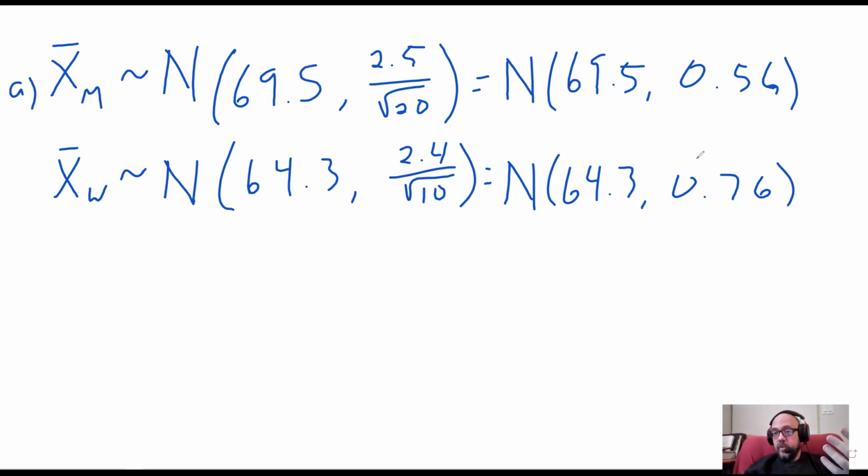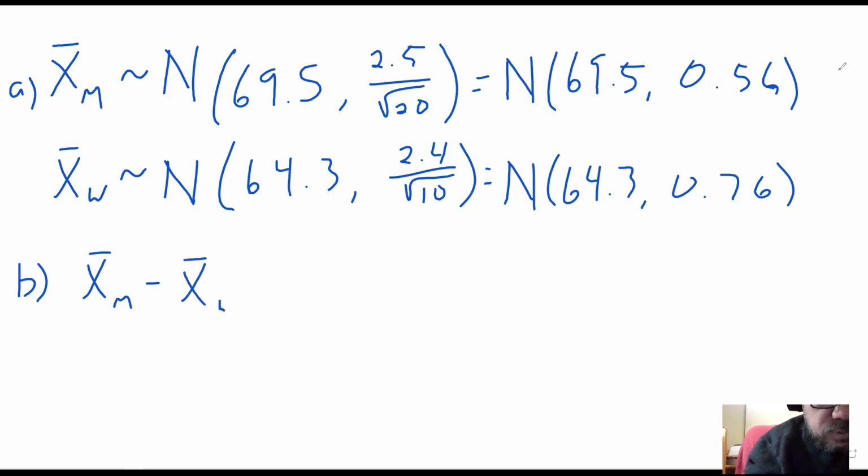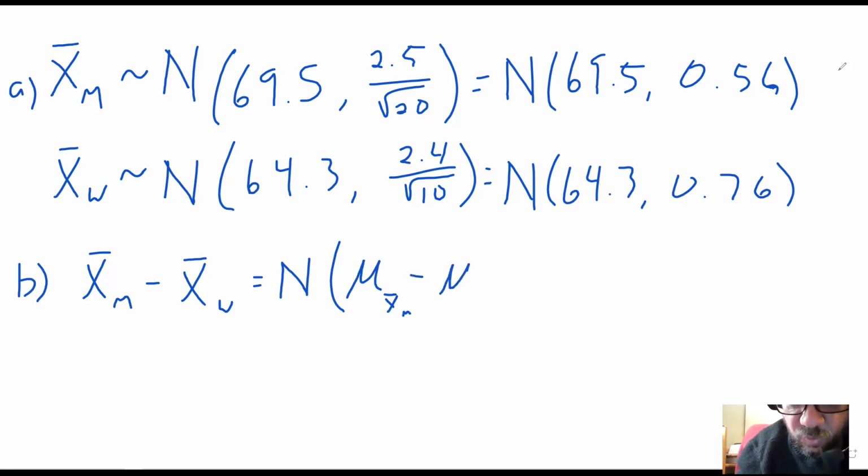So that's going to be called X bar M minus X bar W, which is normally distributed with a mean of, I guess I'll write it all here, mu sub X bar M minus mu sub X bar W.